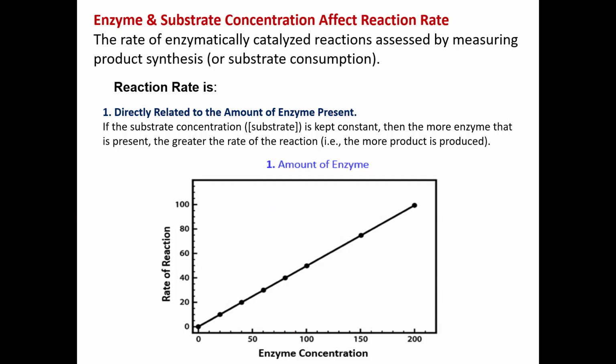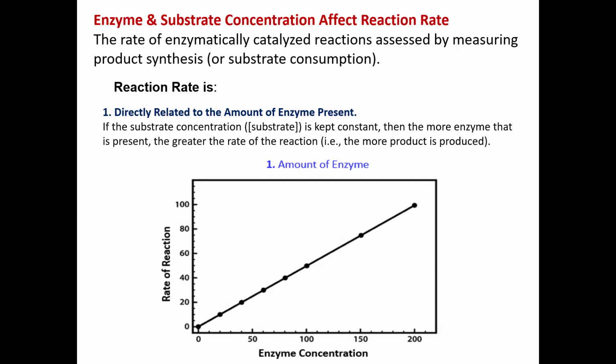If the substrate concentration is kept constant, then the more enzyme that is present, the greater the rate of the reaction. That is, the more product that is produced. So when you keep substrate concentration constant and you have more enzymes, it means more enzyme molecules need the reactants that are present.